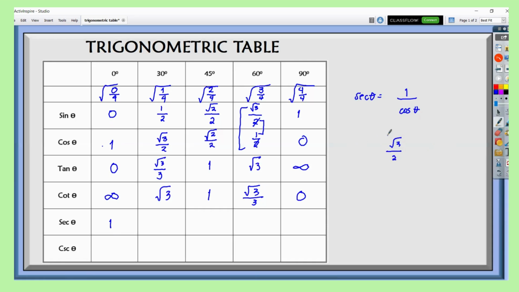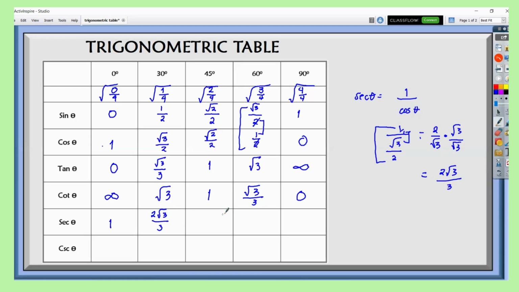Of course, that is the denominator. We know that the denominator of 1 is 1, so we will multiply this. We have 2 over the square root of 3. Let's rationalize this by multiplying it by square root of 3. So we have 2 square root of 3 over 3.